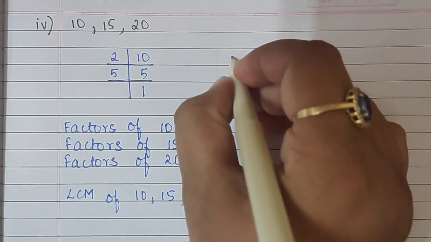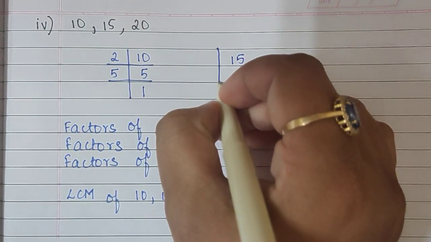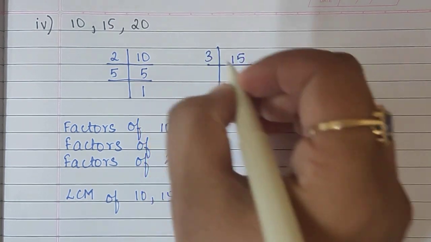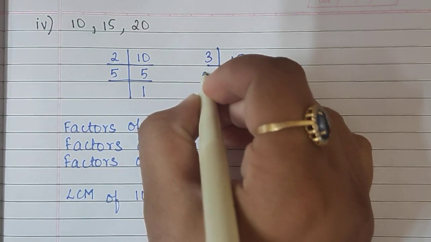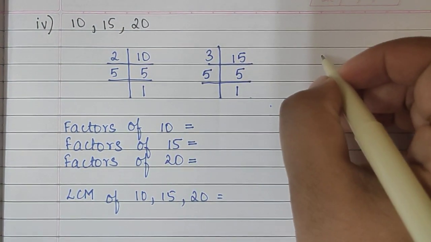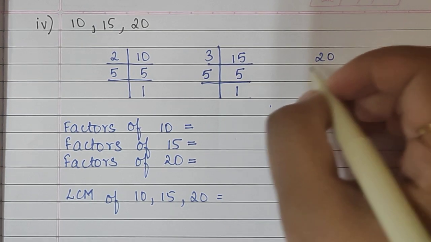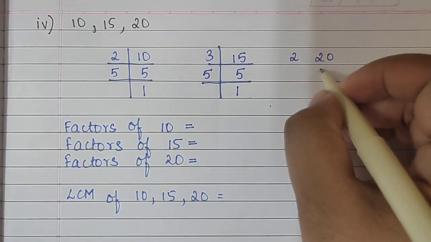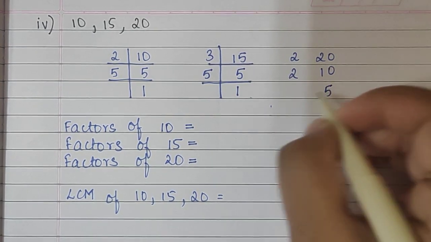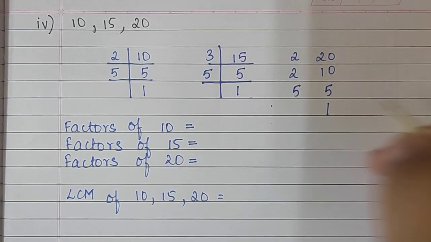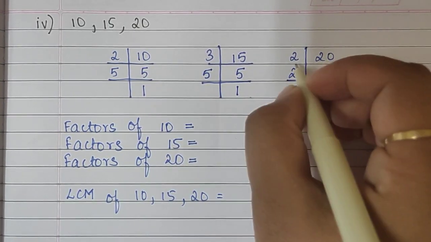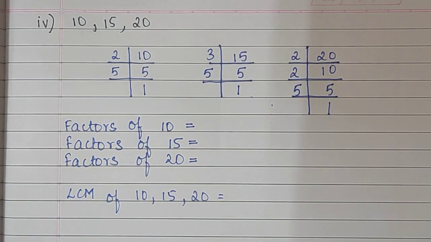Now I'll factorize 15. 15 is 3 5s are 15, 5 1s are 5, and the last number is 20. So I'll write 2 10s are 20, 2 5s are 10, and 5 1s are 5. So these are the factors of these numbers.